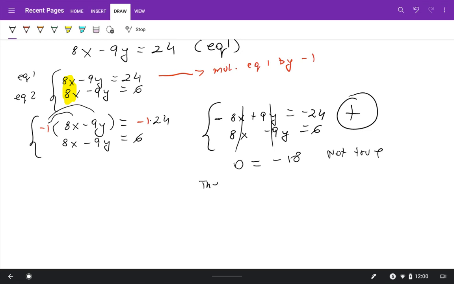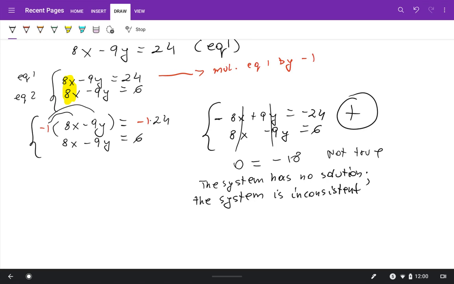So the system has no solution, which means the system, going back to the 12.1 section, the system is inconsistent, which means the lines don't intersect.